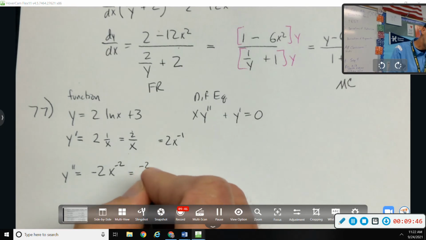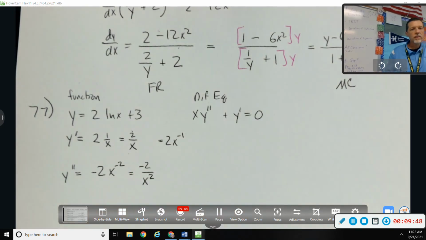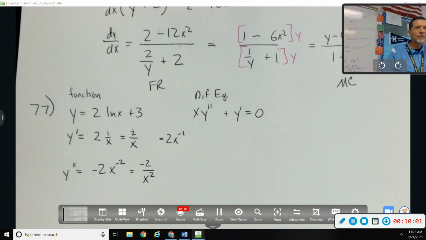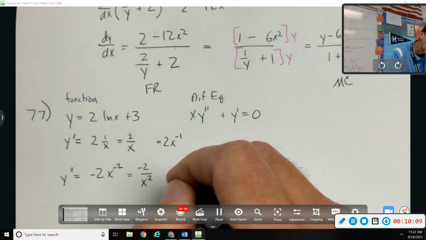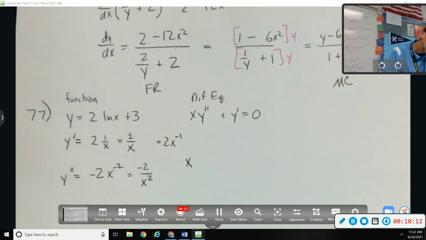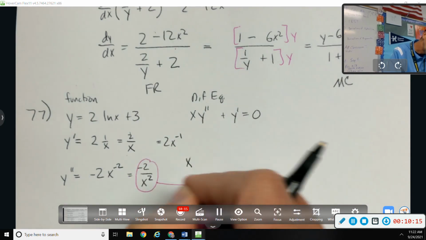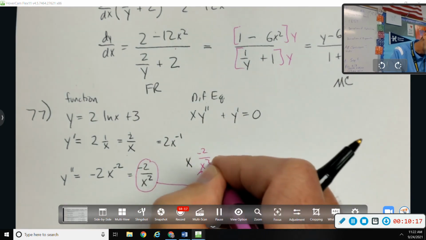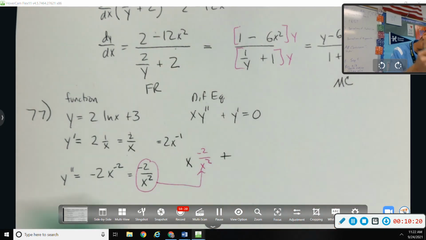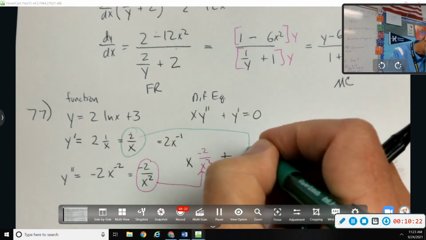What's that? -2 over x squared. Oh, never mind, you're right. You subtract 1 from the exponent. And those negative numbers, man, that's a source of a silly mistake all year long. I thought you subtract 1. Yes, you do. So x times -2 over x squared plus 2 over x is equal to 0.